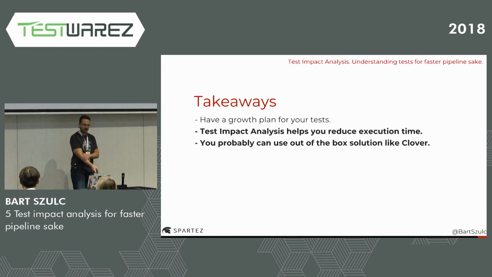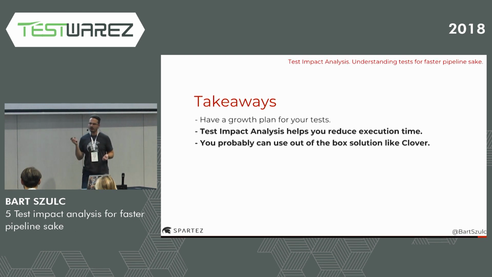The other takeaway is that it's really not that hard to introduce test impact analysis. I walked you through the solution that we did, and this solution required some implementation, right? We had to implement a service from scratch. We had to implement some kind of scripts that would talk to Jacoco, etc. But this was because the number of lines of code that we have and the scale of the code base is so huge that we couldn't use anything that is on the market.